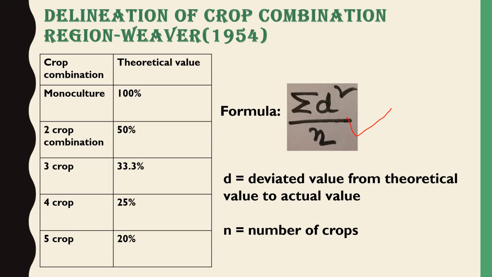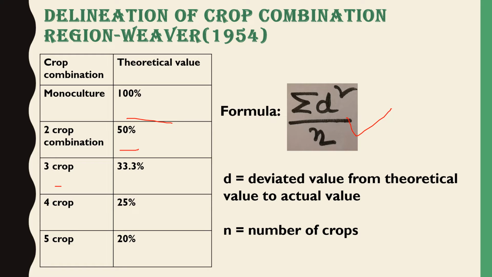Suppose we have a certain amount of land and only one crop is cultivated in the total land. So 100% of land area has been used. This is called monoculture. If two crops are cultivated in 100% area, then each crop has 50% area.